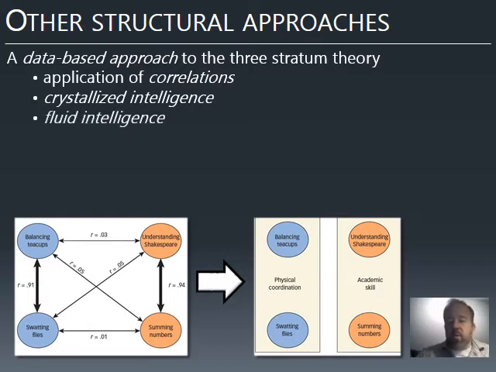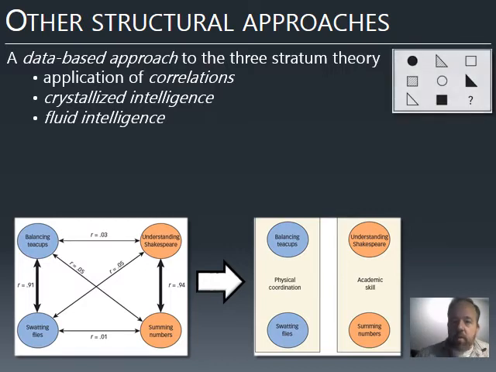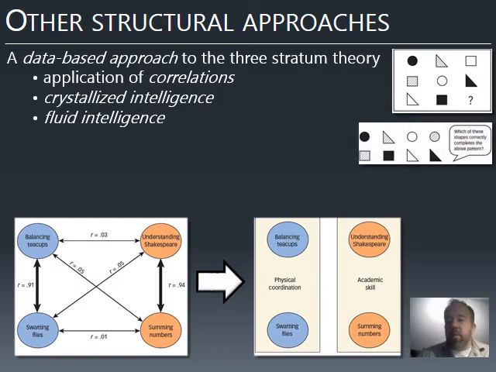The other form is what's called fluid intelligence. And this is the ability to solve problems one has never been confronted with before. So for example, given a pattern of symbols one has never seen, and especially if one has never seen this sort of test at all, you're asked to come up with the next symbol in the sequence. And so that uses fluid intelligence. You haven't studied this before. You haven't taken this test before.